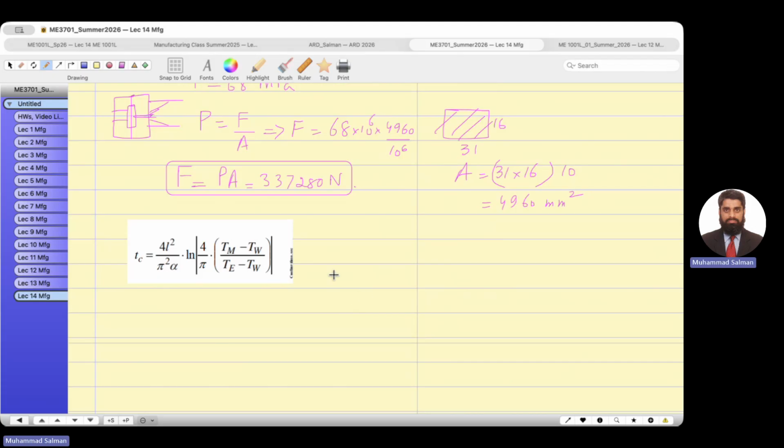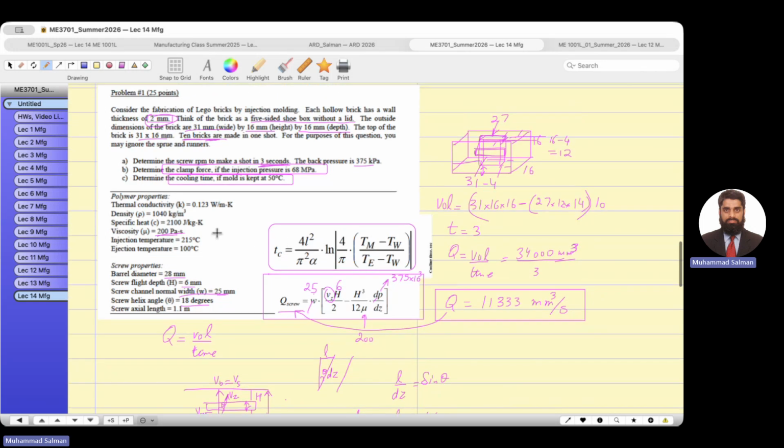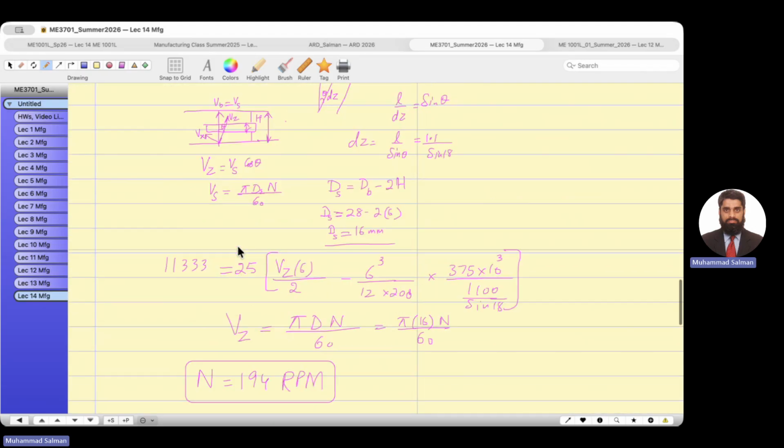So what is my alpha? Alpha equals K over rho times C. K is given, thermal conductivity is 0.123, and density of the plastic is 1040, and specific heat is 2100.